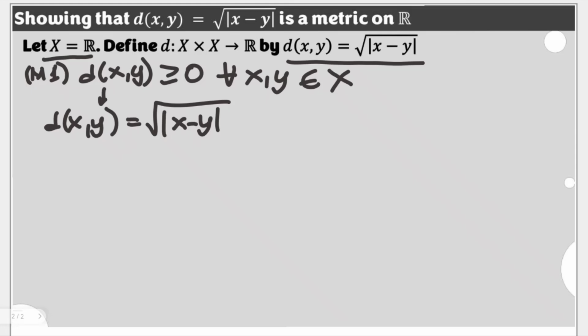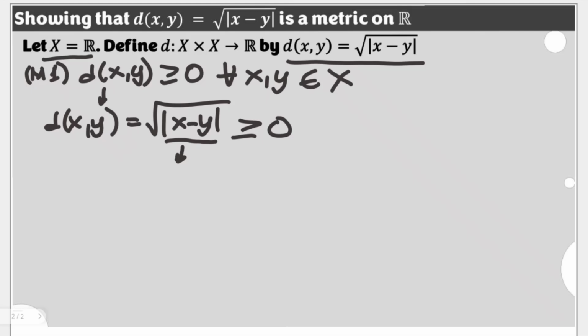And whatever we apply here, this will always be greater than or equal to 0 because of the absolute value notation. Okay? And even if we have the square root or radical expression here, given that this value is greater than or equal to 0 because of the absolute value notation, this will always be greater than or equal to 0 no matter what the value of the absolute value is.